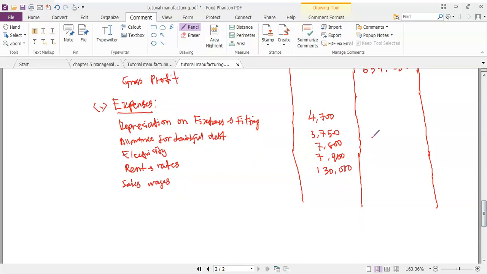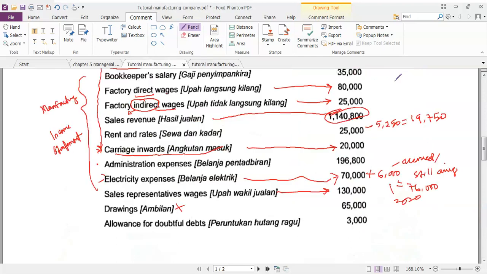Okay, what else? We have inside the list of account. Sales wages, okay, done. Electricity expenses done. Admin expenses, okay, belanja pentadbiran. Of course, we should put inside the income statement. Expenses 196,800.